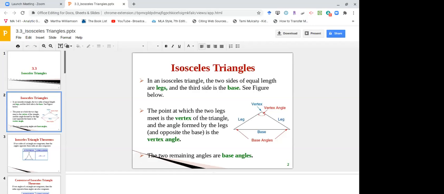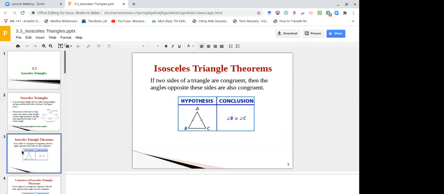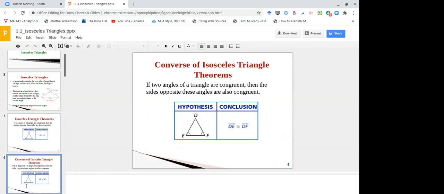The angles along the base that are opposite either of the legs are called base angles, and the point at the top is the vertex angle. So the base angles of an isosceles triangle are equal in measure. So you have a couple of theorems here to help you with that.